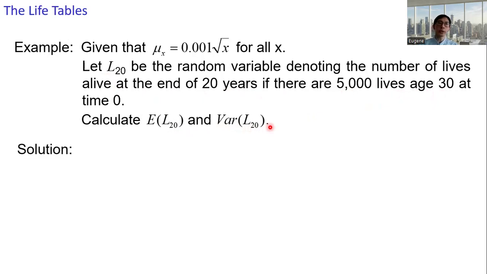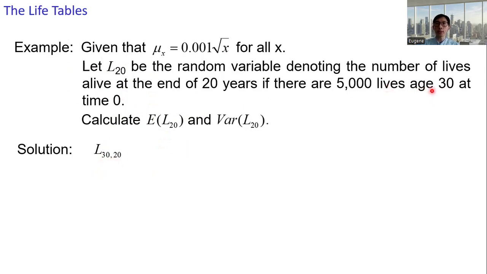All right, originally in the previous slide, we defined the symbol as Lxt. So here in this question, it is defined as only L20. And in fact, from the context of the problem, we are considering the notation as L30,20.